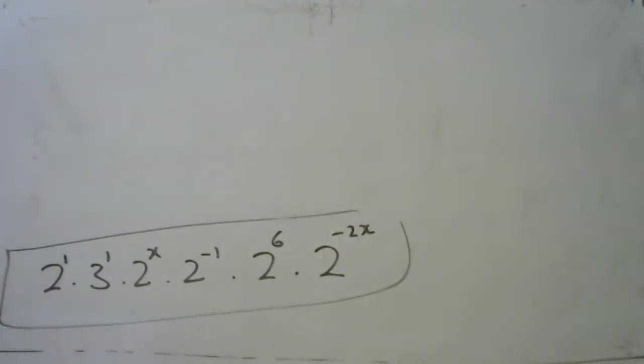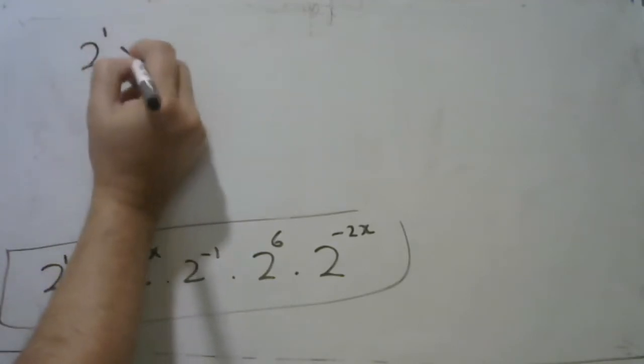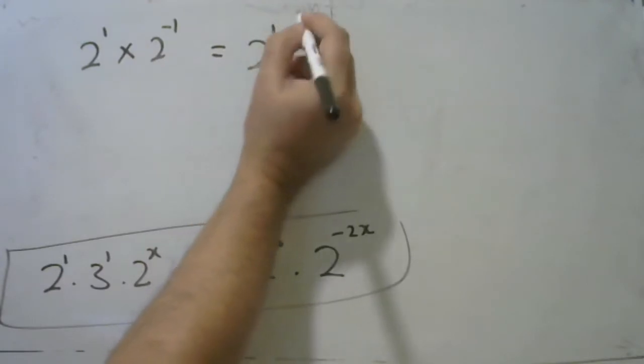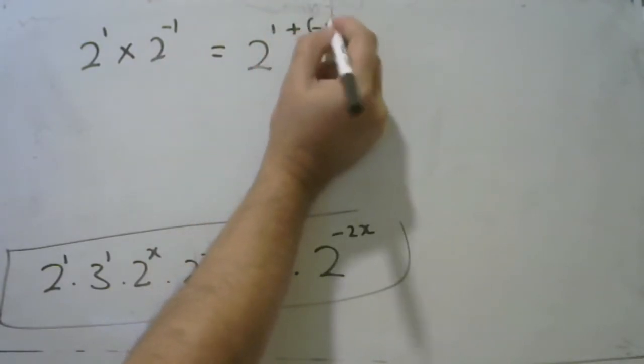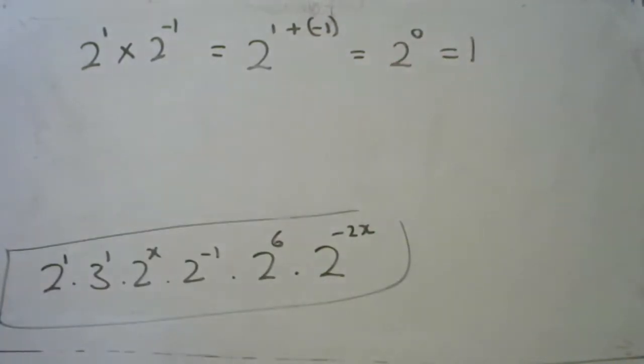Okay, so if we have 2 to the 1 times 2 to the minus 1, this is the same as 2 to the 1 plus minus 1. This is like 2 to the 0, which is 1. So here, this will go out with this.